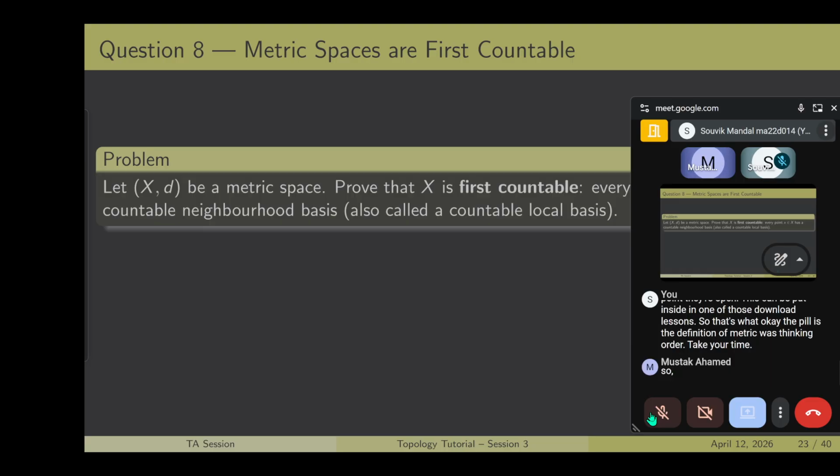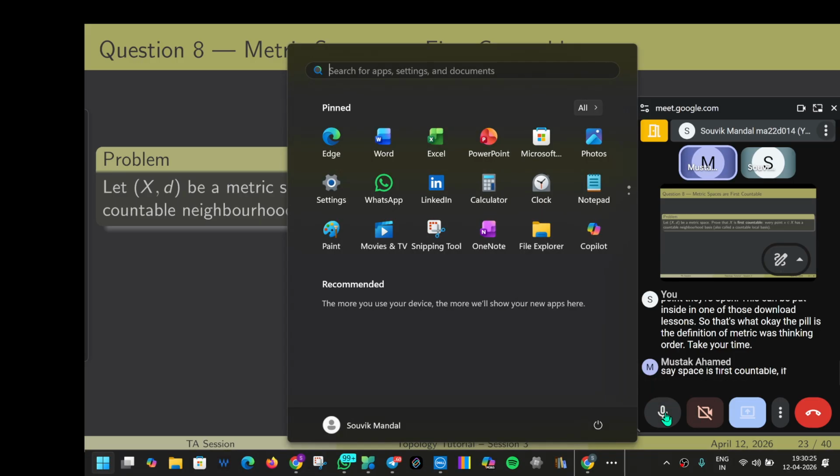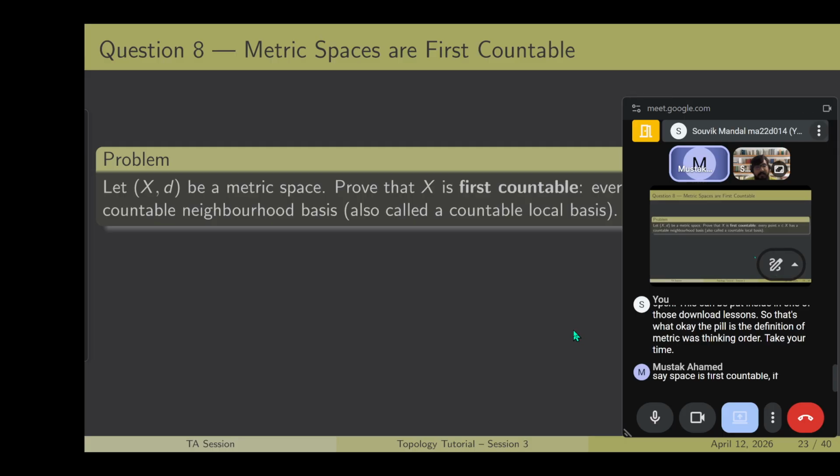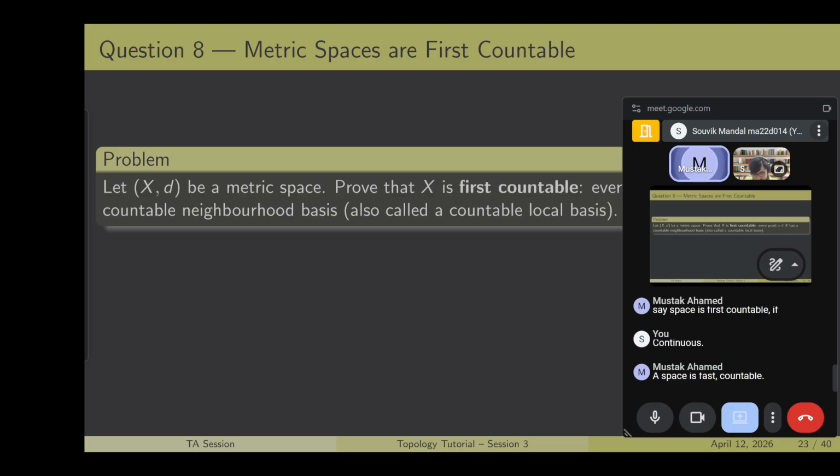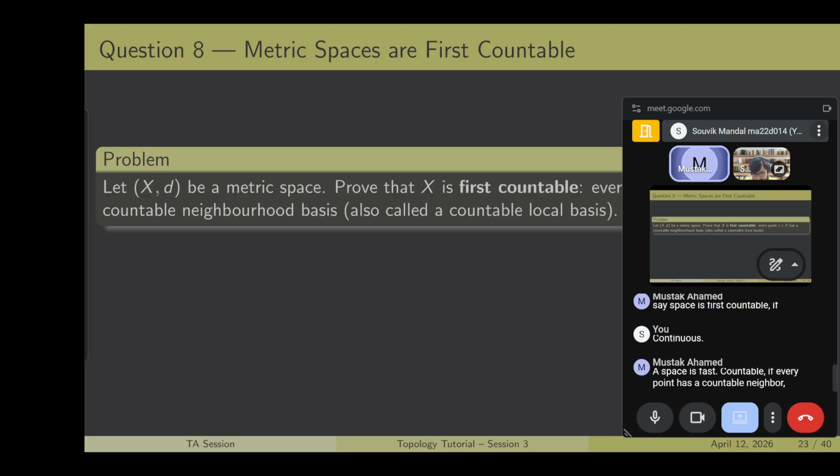A space is first countable if every point has a countable neighborhood basis.